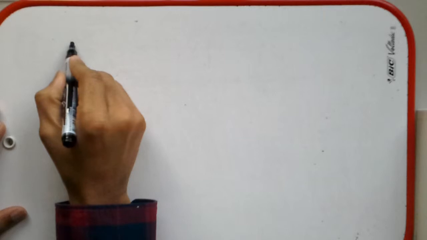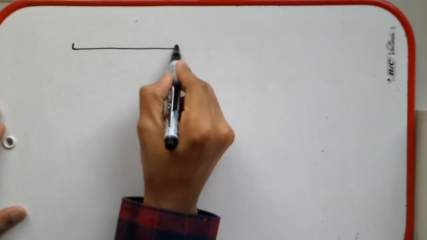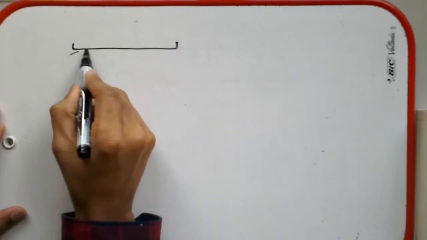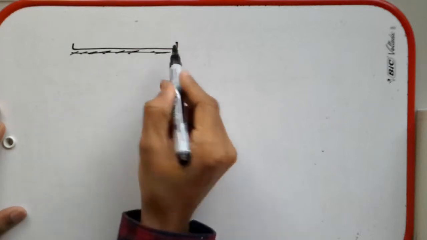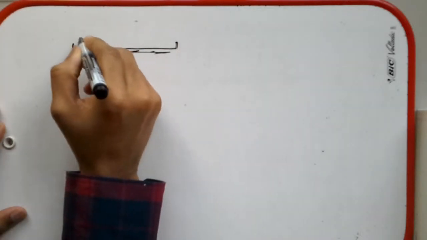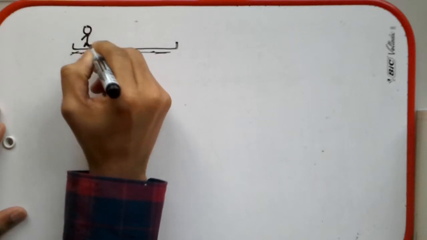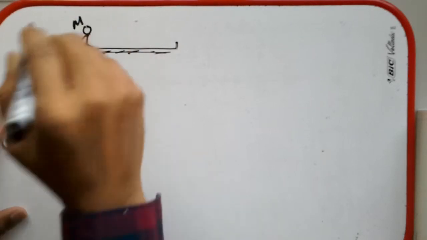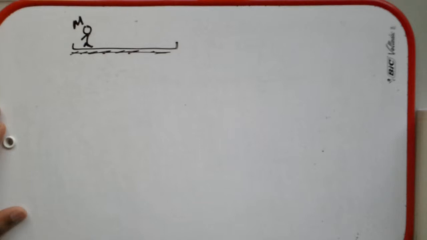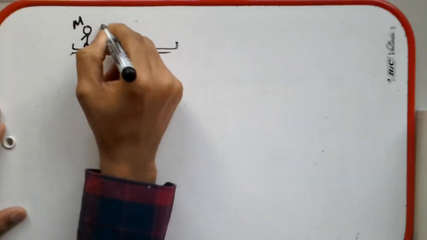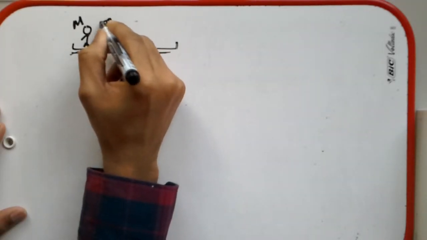Okay, the problem is like this. You have a cart kept on a frictionless surface, and its mass is negligible. There is a person, his mass is big M, and he's holding 100 marbles.